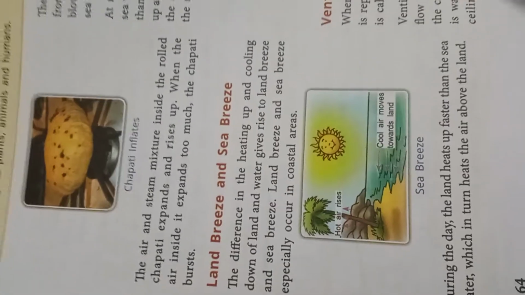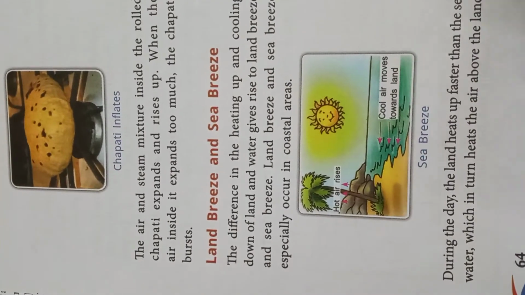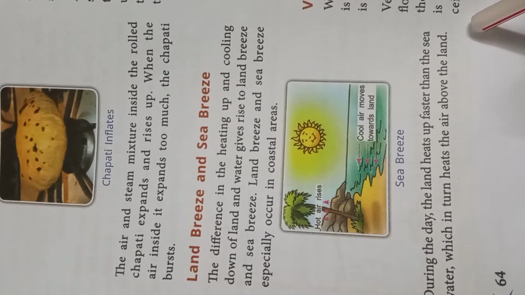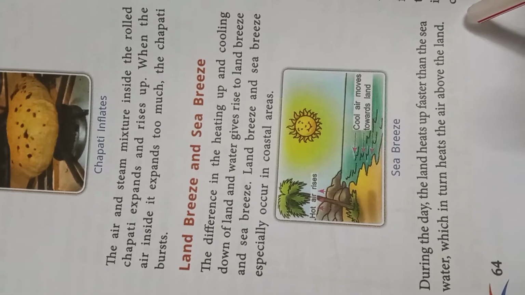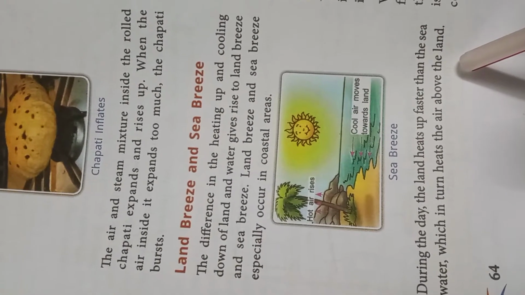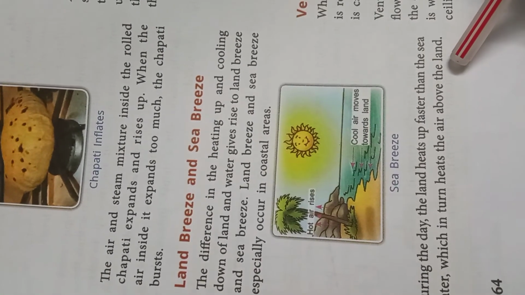During the day, the land heats up faster than the water. If you go to a coastal area or a beach, you will observe this. The land in turn heats the air above the land.